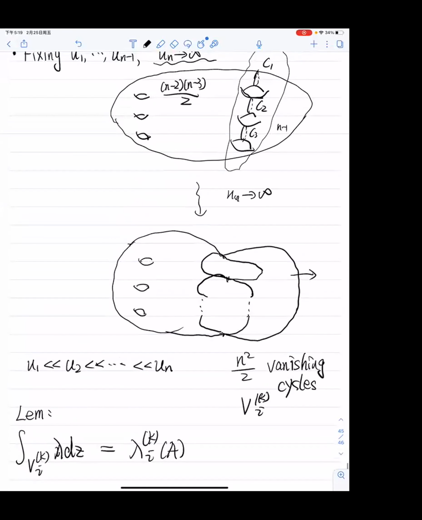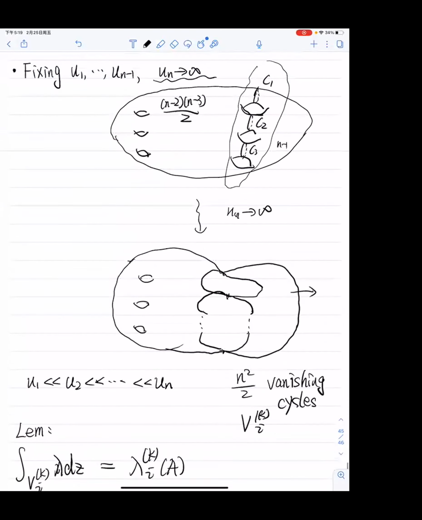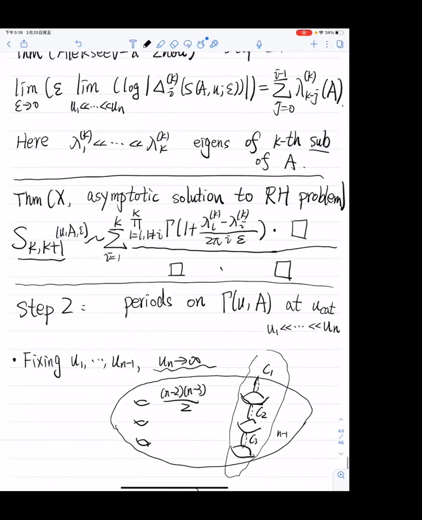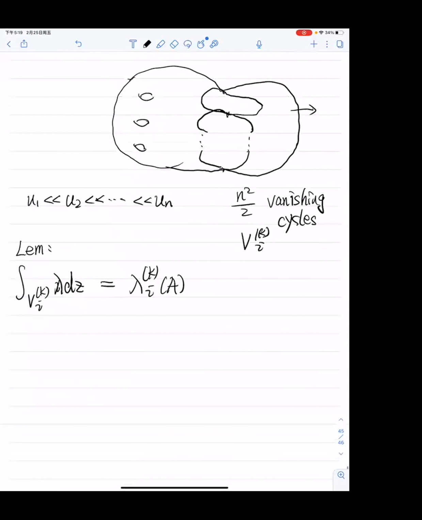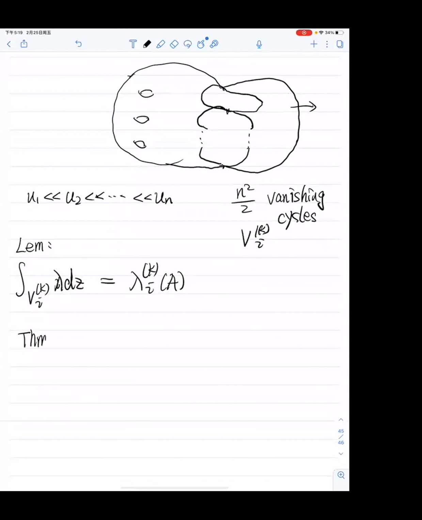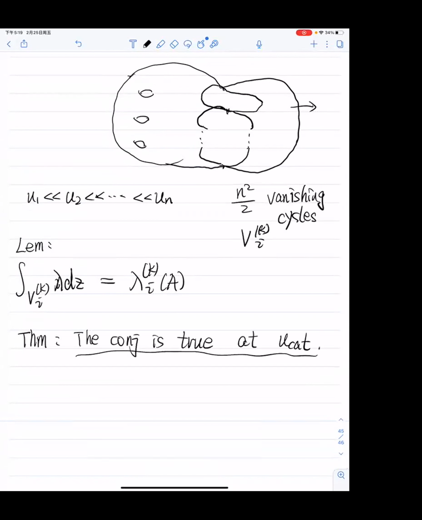Now we simply compare these explicit periods with the explicit asymptotics, and we get that the conjecture is true in this asymptotic zone.